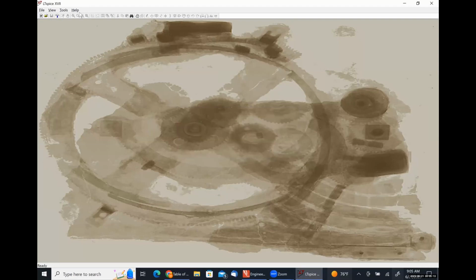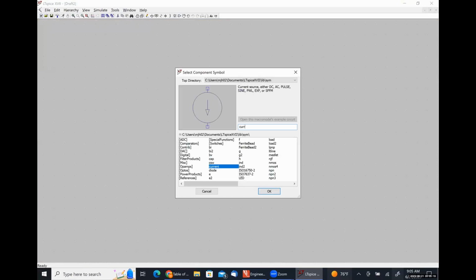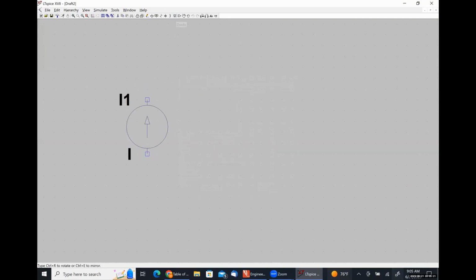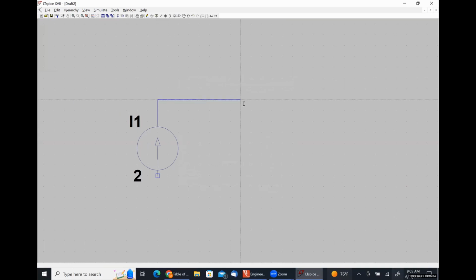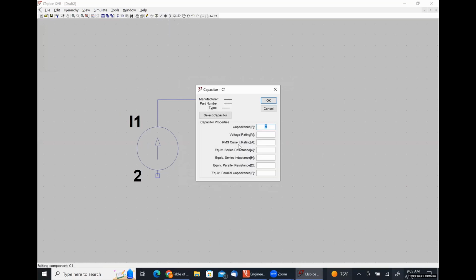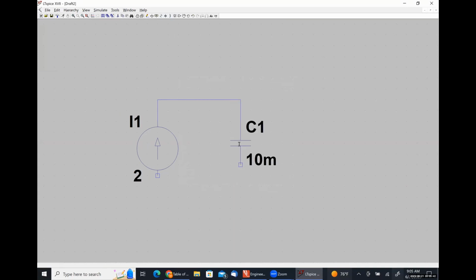All right, so I'm going to build this circuit in LTspice really quickly. So I need a current source. It's going to be a 2 amp source, direction up. Then I need my capacitor. That's 10 millifarads.